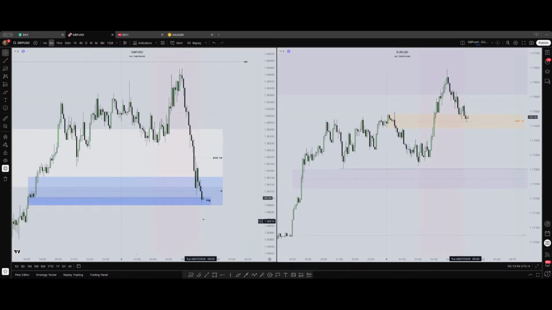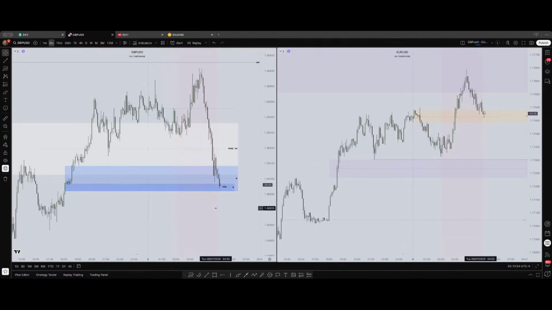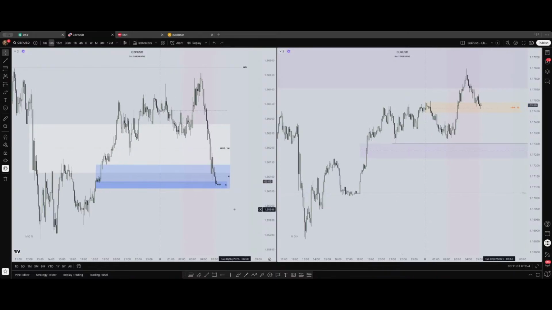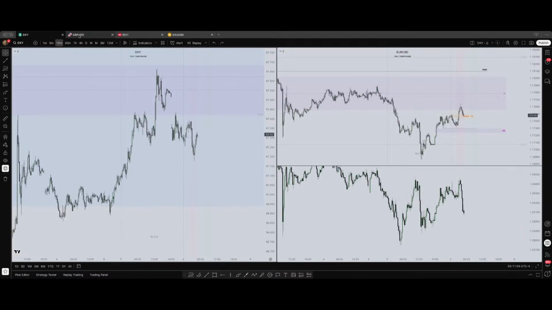So price took these equal lows here inside this 5-minute. Yeah, it's concerning. I see it like a manipulation, basically, because the dollar is not going higher, and EURUSD is not going lower.